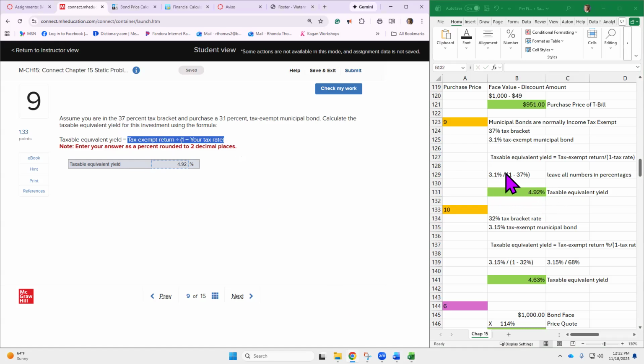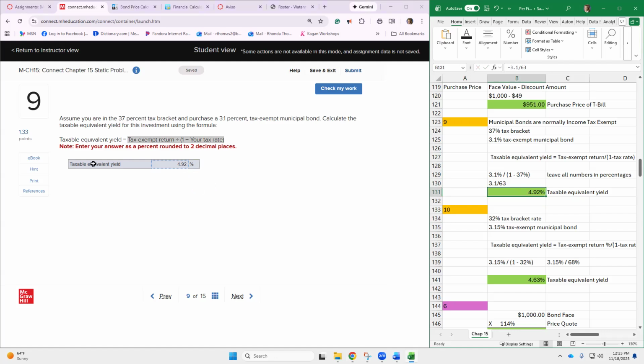So 3.1% divided by 63%. Here's how else I did it. I just put 3.1 divided by 63. That's how it's going to look if you don't put it in percentages, but you still get the same answer.